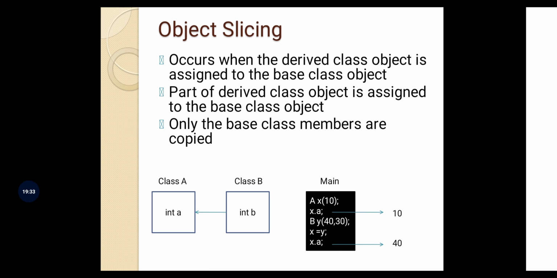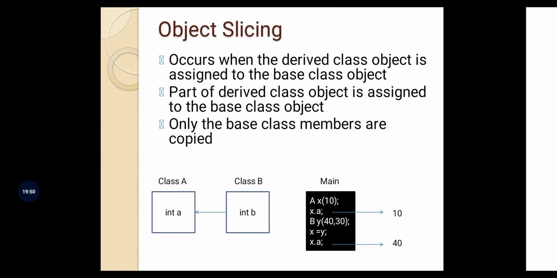So when you print x dot A, earlier the x dot A value was 10, but now the x dot A value will become 40, because this 40 from the derived class flows into the base class.